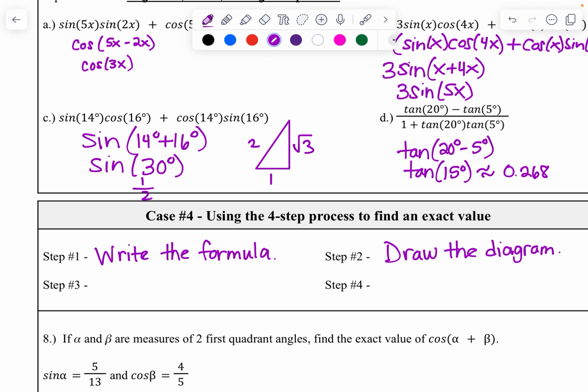Visual always helps. Step number 3, we're going to substitute into the formula. And then we will simplify in step number 4.